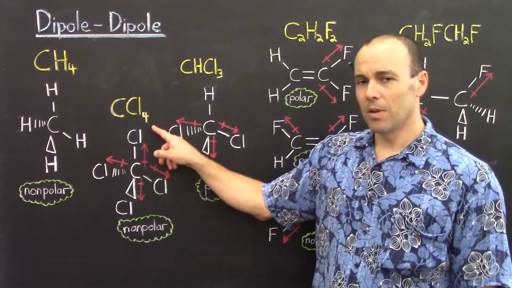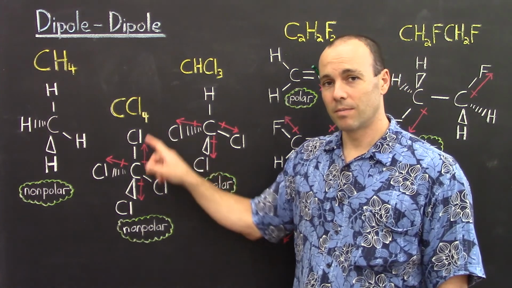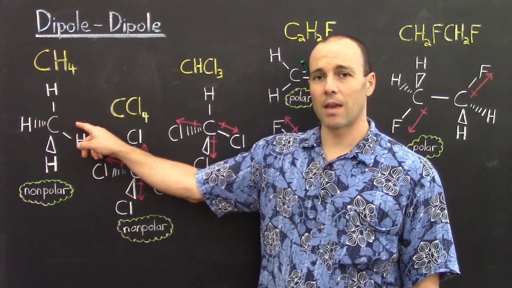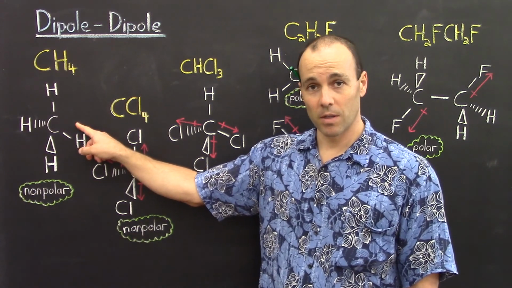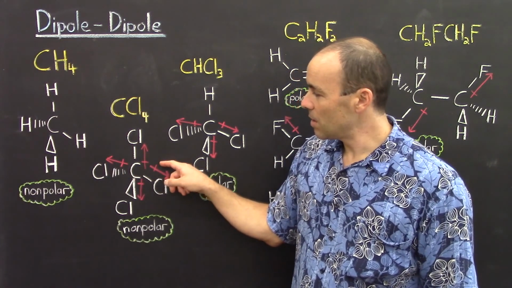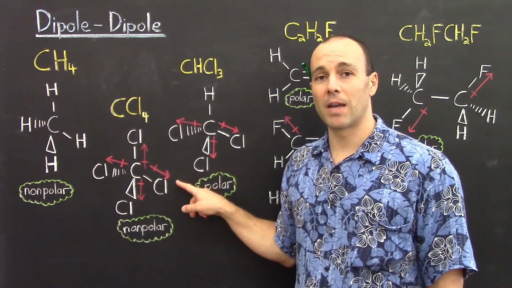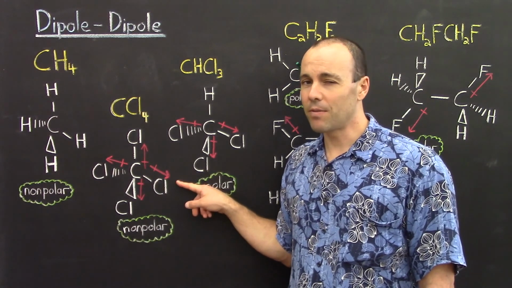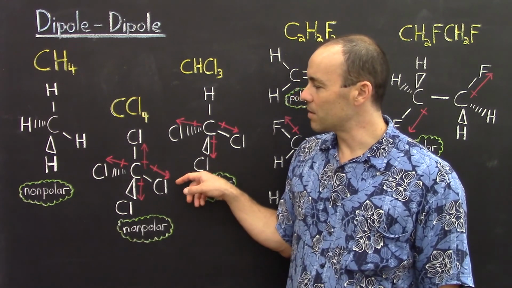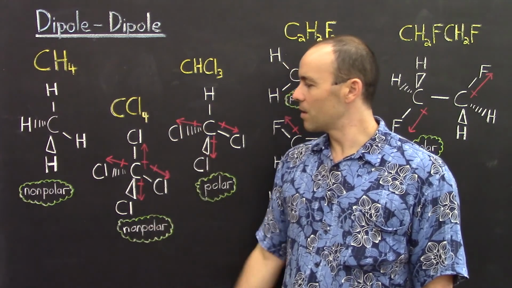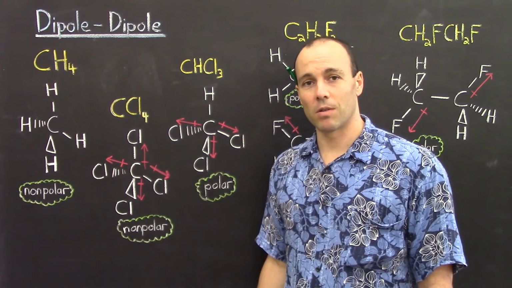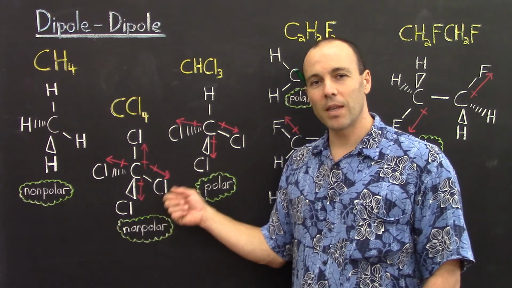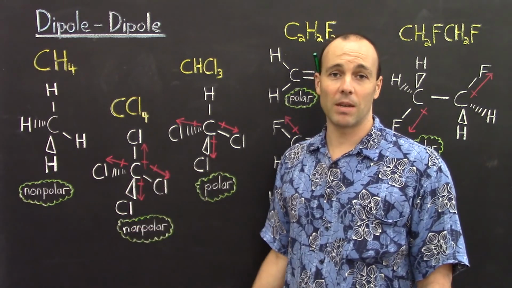The next example is carbon tetrachloride. And the structure for CCl4 is similar to that of CH4. It's also tetrahedral, but now the 4 positions are occupied by electronegative chlorines. However, the chlorines are totally symmetric with respect to each other, and it's kind of like a 4-way tug of war, and the electrons end up not being pulled anywhere.